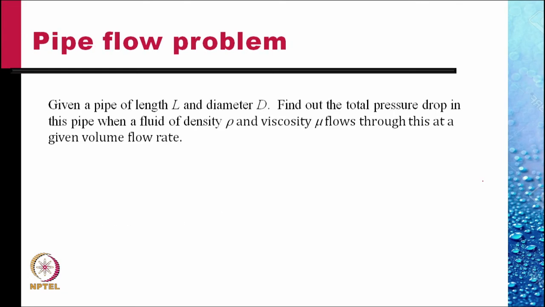So, what is our problem now? Given a pipe of length L and diameter D, find the total pressure drop in the pipe when a fluid of density rho and viscosity mu flows through it at a given volume flow rate.